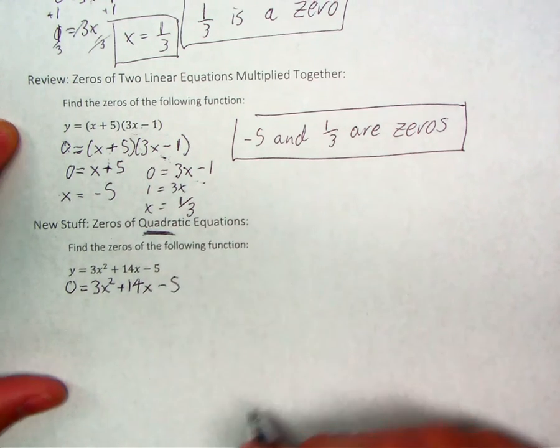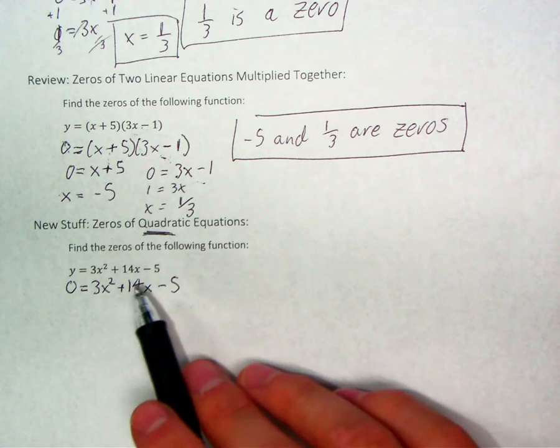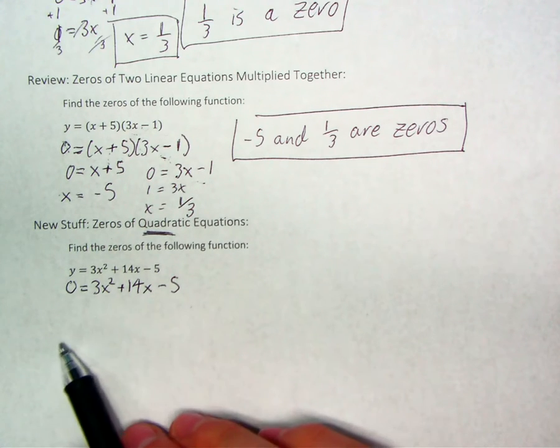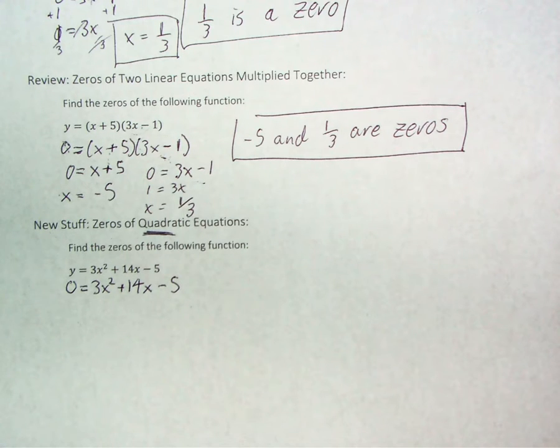Well, I could try to manipulate this expression with algebra to get one x isolated on one side, solve for x just like I did up here. Turns out that's really, really hard. It's really difficult to do. There's a much easier way than that. Okay? And it involves something we've already covered in this class. It involves factoring.